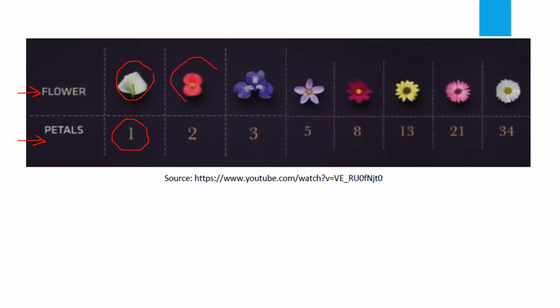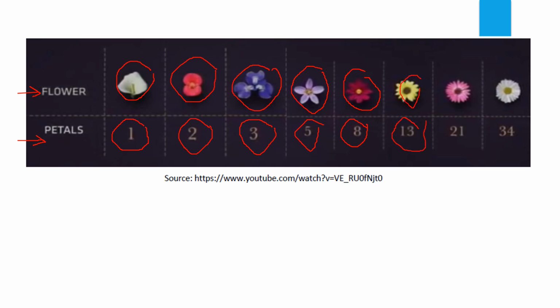The second flower has two petals. The third flower has three petals. The fourth flower has five petals. The fifth flower has 8 petals, 13 petals for the sixth flower, 21 petals for the seventh flower, and then the last flower has 34 petals.